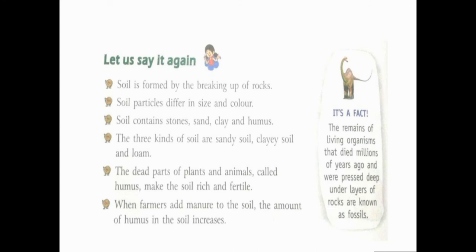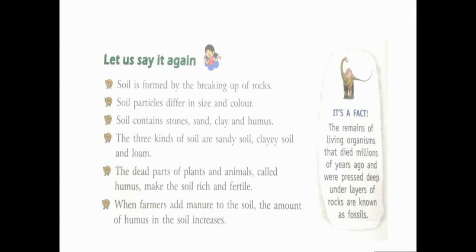Soil is formed by the breaking up of big rocks. Soil particles differ in size and color. Soil contains stones, sand, clay and humus. The three kinds of soil we have studied are sandy soil, clayey soil and loam.